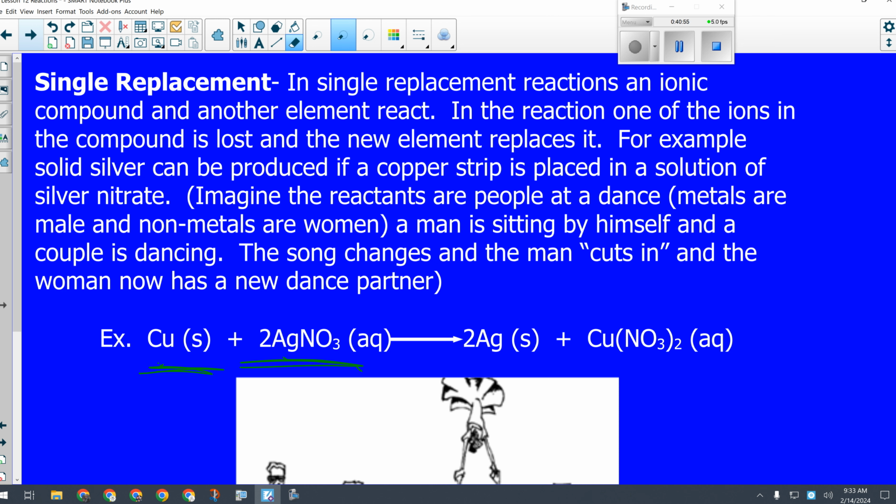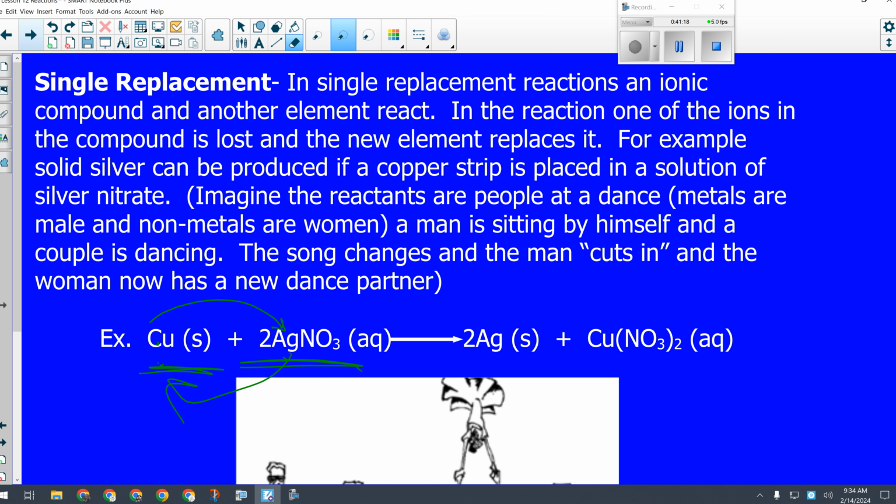Is copper a metal or a non-metal? It's a metal. That means it's going to replace the metal in the ionic compound. So in a single replacement reaction, this element jumps into the compound and kicks out the part that it's like. And that part ends up by itself.